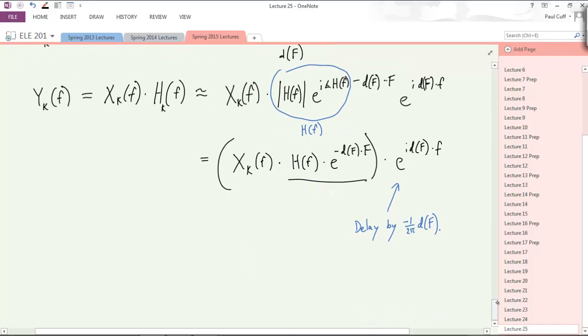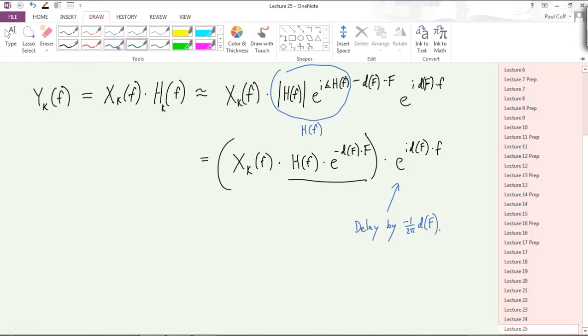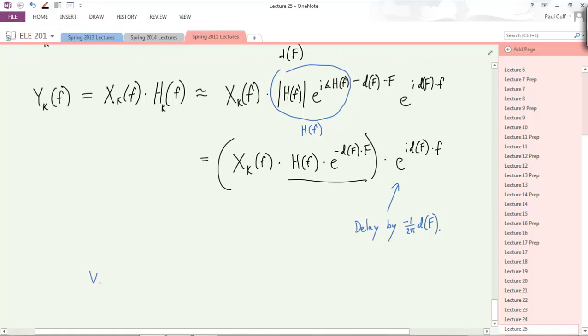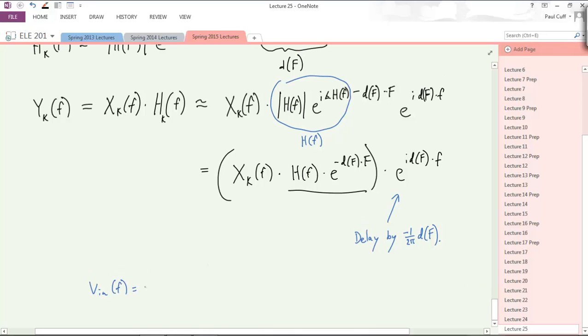Okay, so now what we do is we say we have a system of equations of this form. We have that V in of f equals V1 of f, plus the voltage across the resistor, V out minus V1 of f, plus the voltage across that inductor, V in of f minus V out.